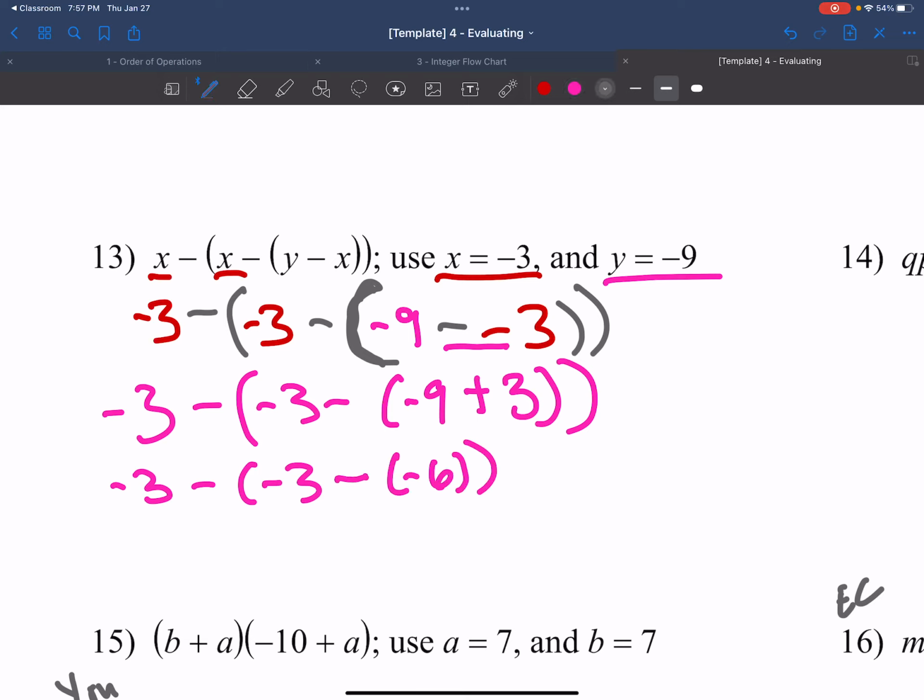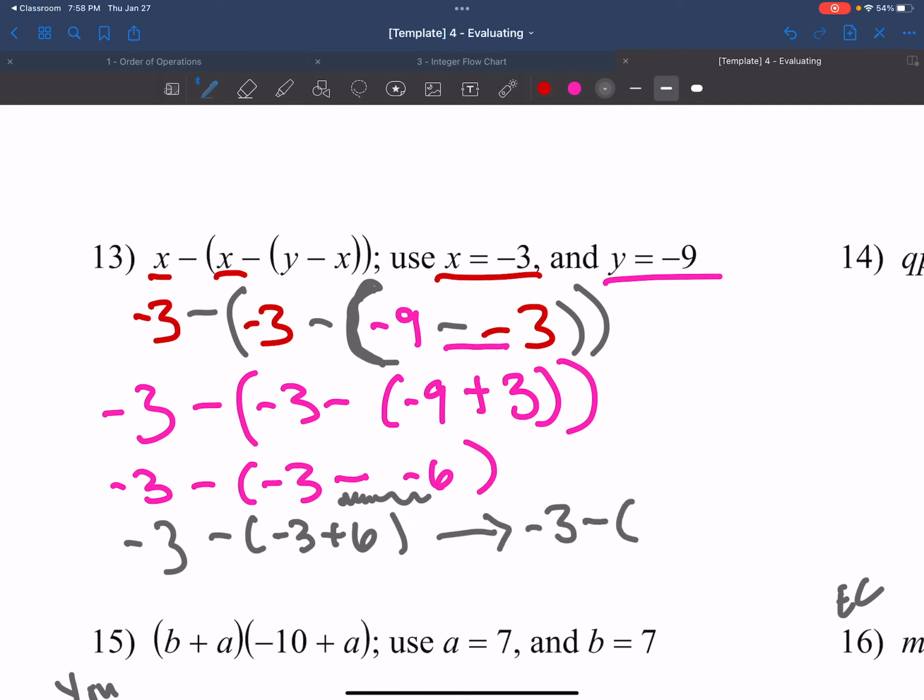But that number is being surrounded by parentheses with a minus sign in front of it, so we can drop them, and then two minus signs together make a positive. -3 plus 6 gives us 3, so this turns into -3 minus 3. And again, those parentheses are surrounding a number with a subtracting sign in front of it, so we can actually drop the sign there. And -3 minus 3 gives us -6.